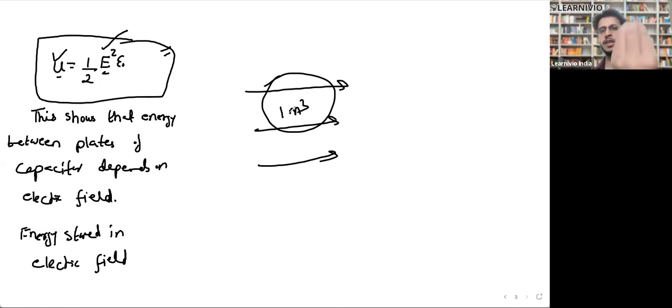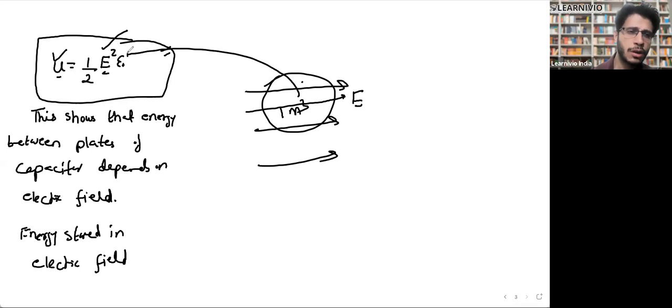In your room, you place a point charge or some charged body. That charged body will generate some electric field. This 1 meter cube volume, which has electric field E, has this much energy.